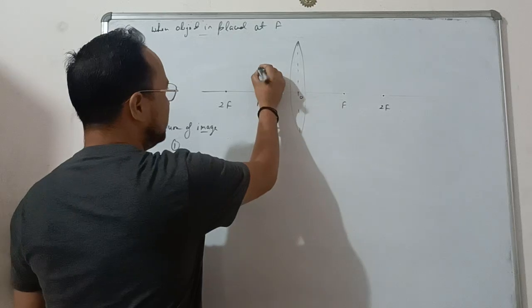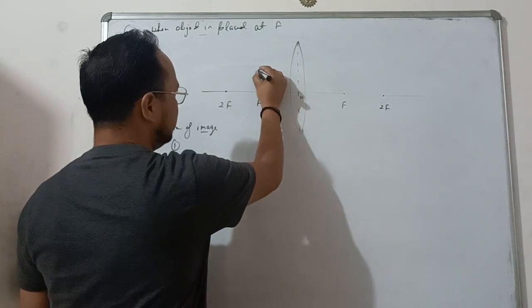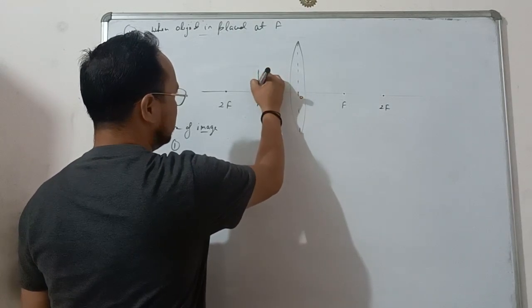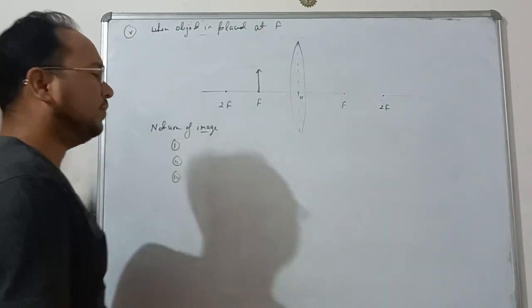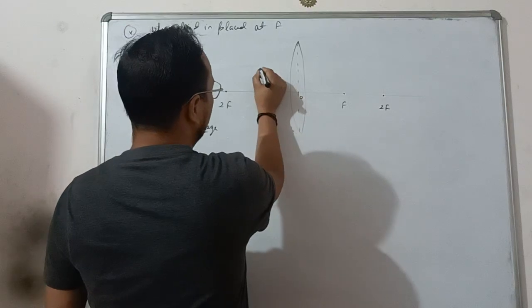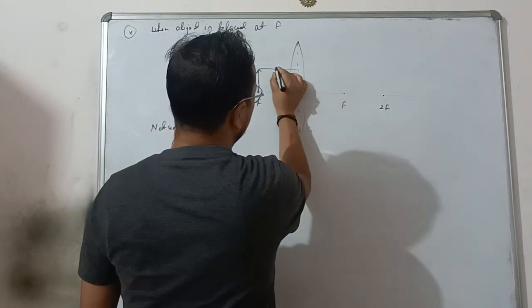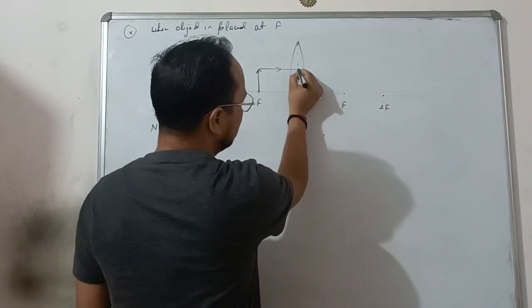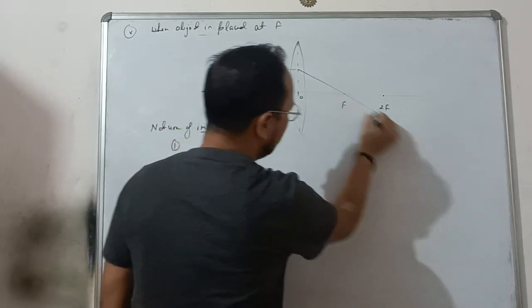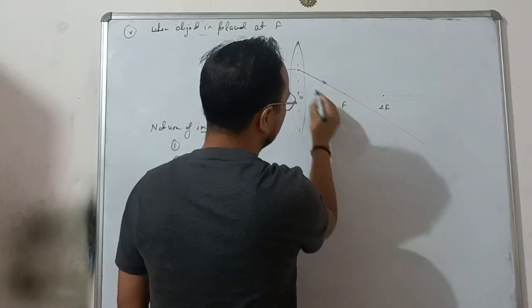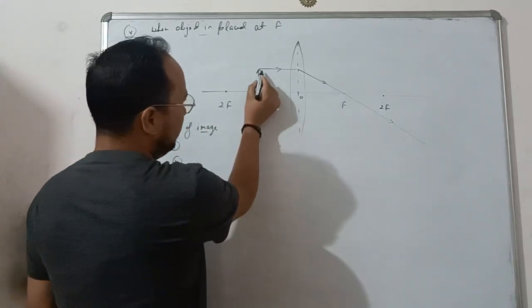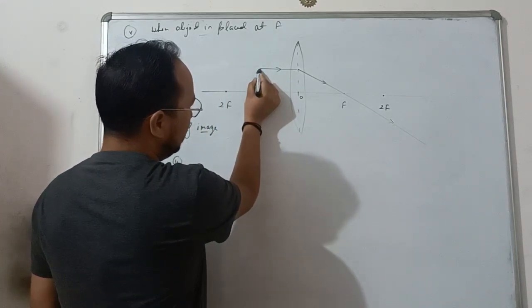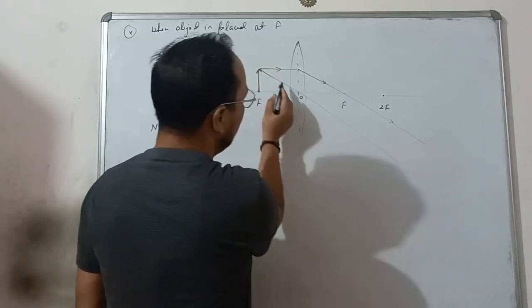The object is placed at f. This is our object placed at f. Now the first ray is parallel to the principal axis whose refracted path passes through the principal focus, and the second ray will pass through the optical center and goes undeviated.